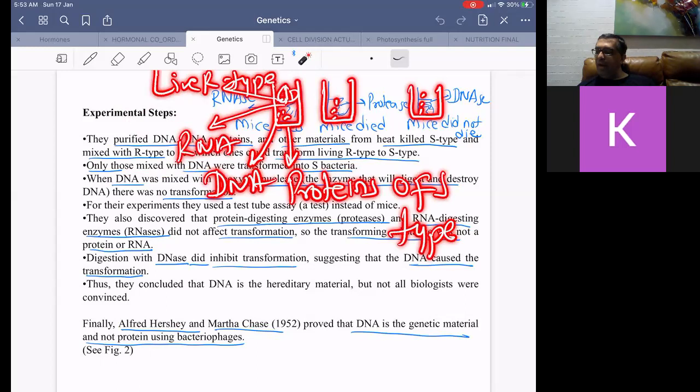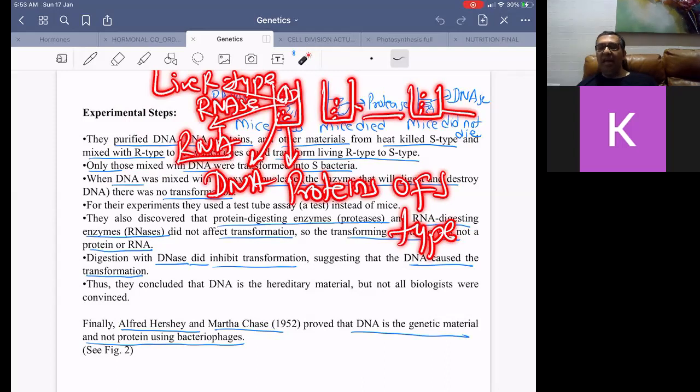Now they put over it RNase, RNA destroying enzyme. So RNase would destroy the RNA. And then they put protease. And then they put DNase.